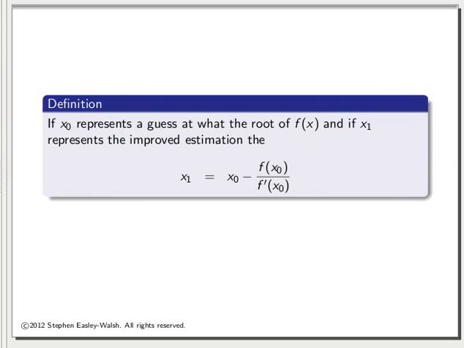So if x0 represents a guess of what the root of f(x) is and x1 represents the improved estimation, then the following formula gives you the Newton-Raphson improvement on what the root is. So that's, in other words, the x1.